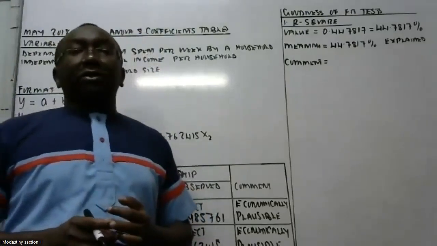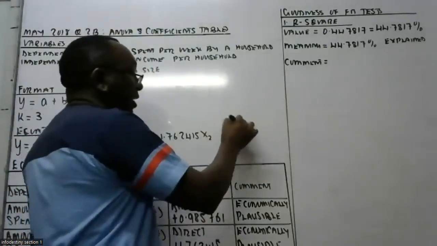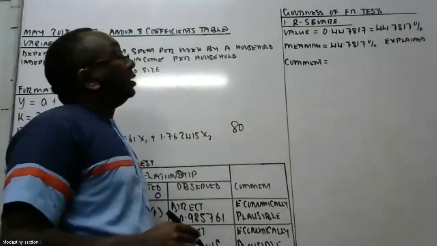I put 60% because in our notes we normally see you accept a relationship that is 80%.